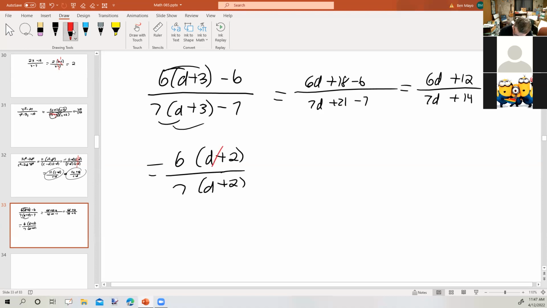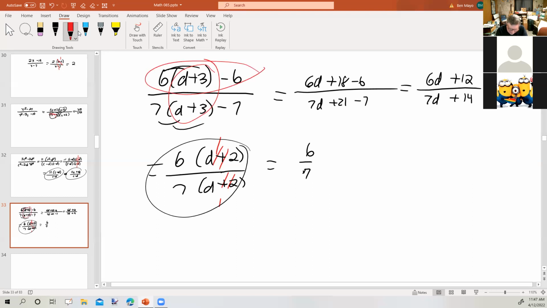And now I can reduce those out. So you see, I had to get the whole numerator and the whole denominator in factored form to be able to reduce out common factors. These are not factors of the entire numerator or the entire denominator. So again, watch out.